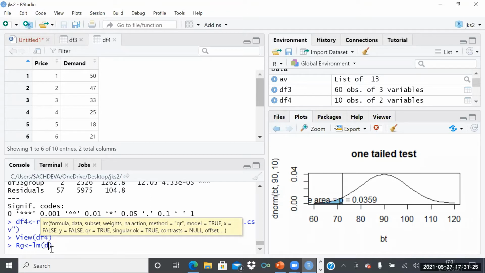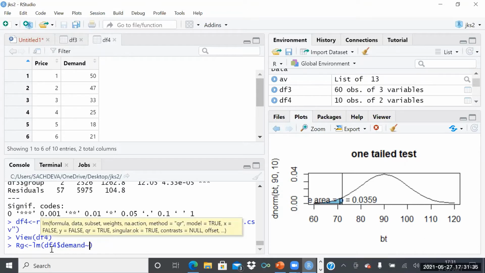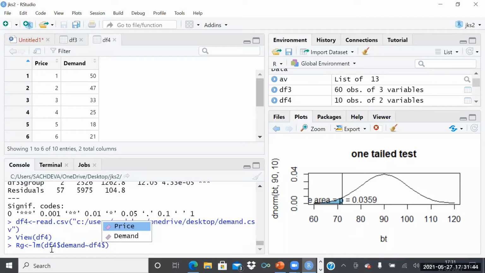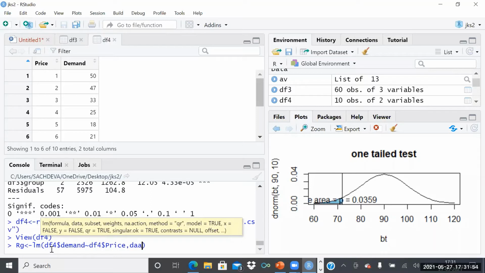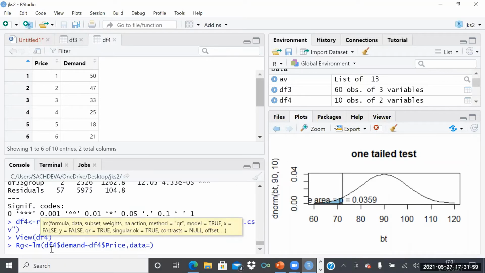So I will use DF4$demand, tilde, DF4$price, comma, data. This is the same way as your ANOVA. Data is DF.